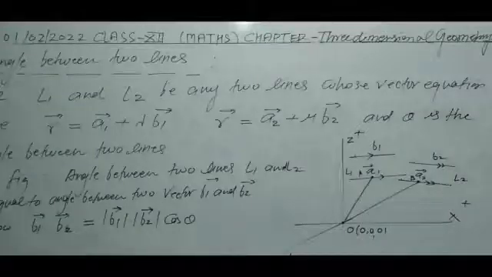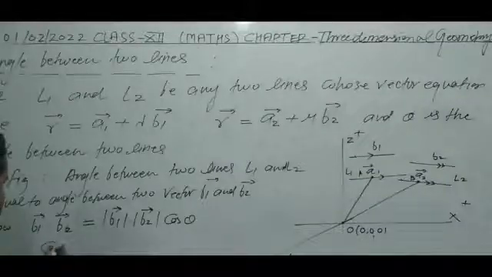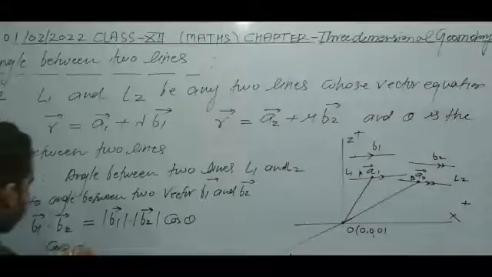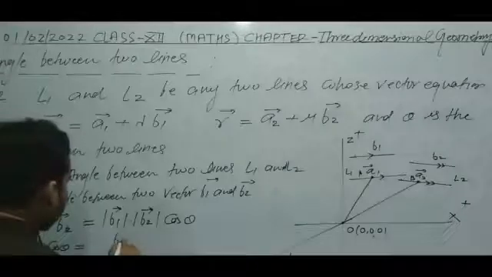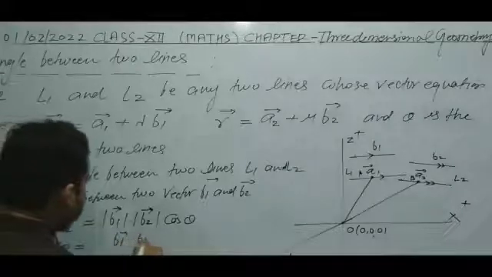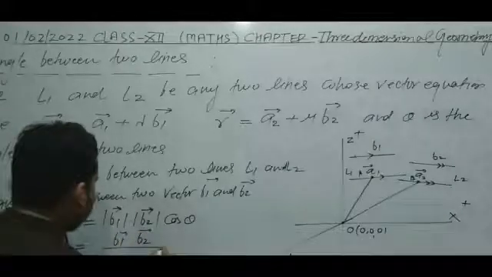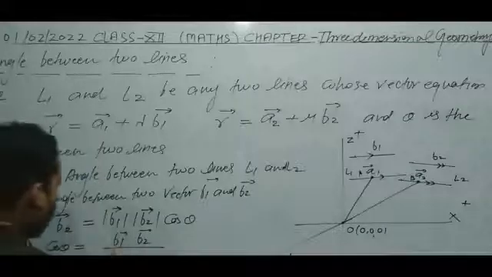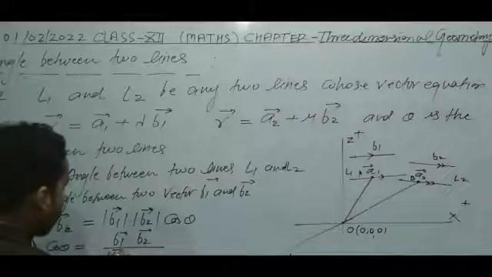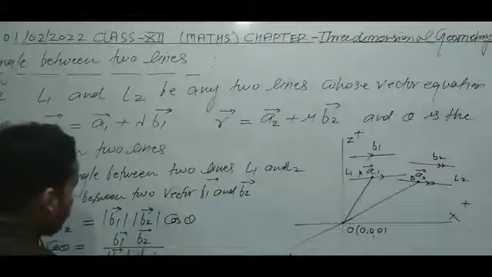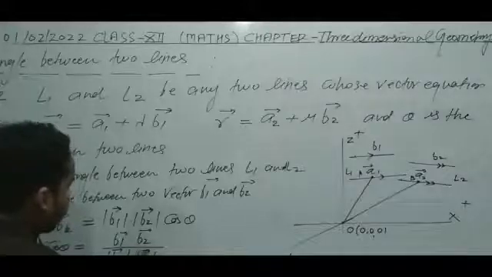Now cos theta, what can we write? Cos theta is equal to B1 dot B2 vector, whole upon mod of B1 vector into mod of B2 vector.